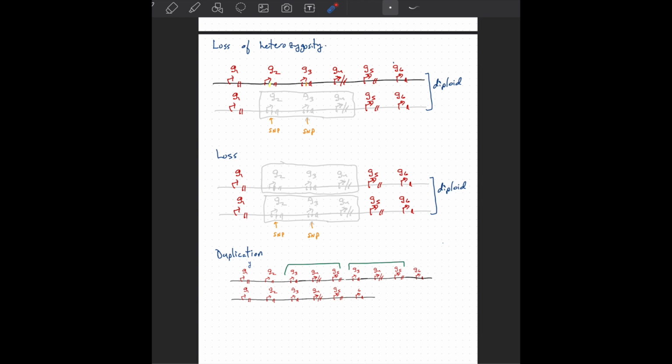You can also have pure loss, where, for example, both copies of a region of a chromosome are lost, or in fact the whole chromosome is lost. That would be a classic aneuploidy. And thirdly, we can have duplication.